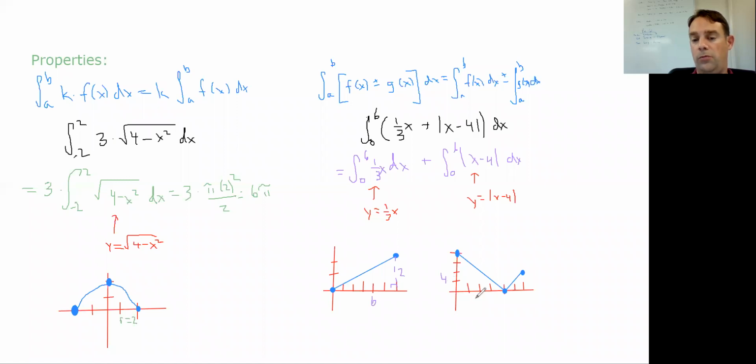I have 4, 4, 2, 2. So 6 times 2 over 2, that'd be my triangle on the left, plus my series of triangles here on the right: 4 over 2 times 2, plus 2 over 2 times 2. So 6 plus 8 plus 2 equals 16.